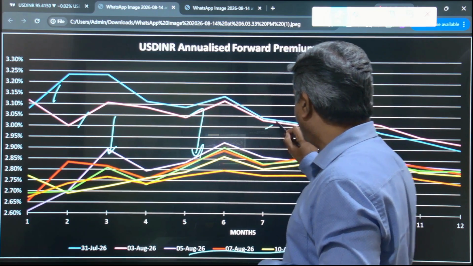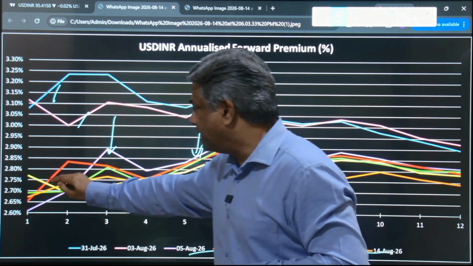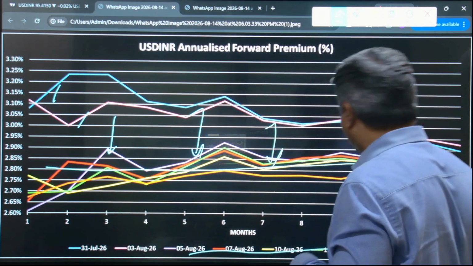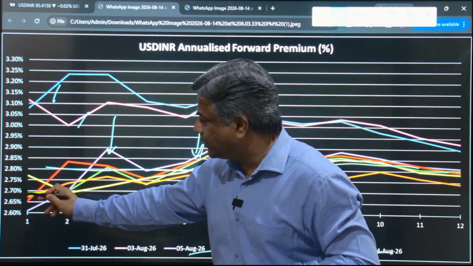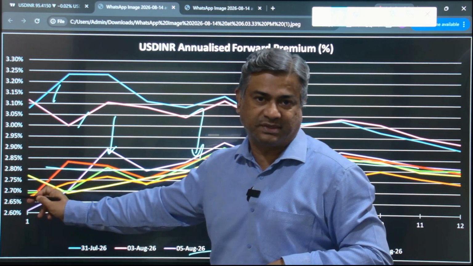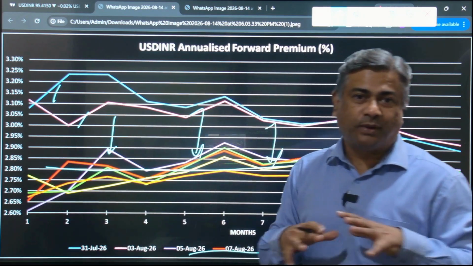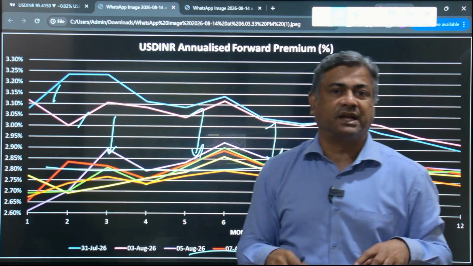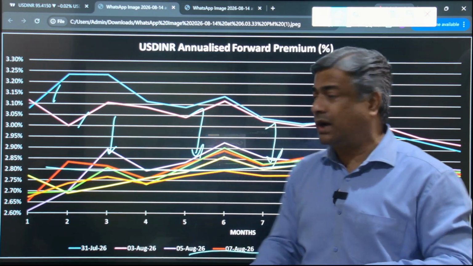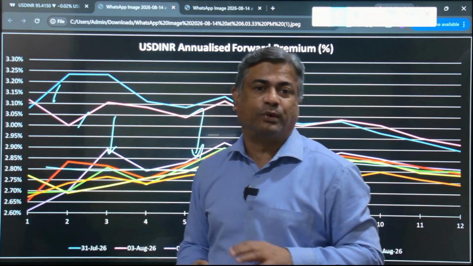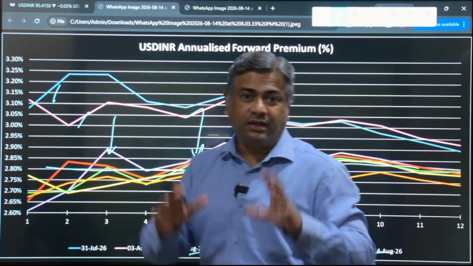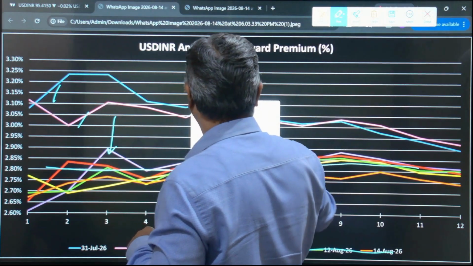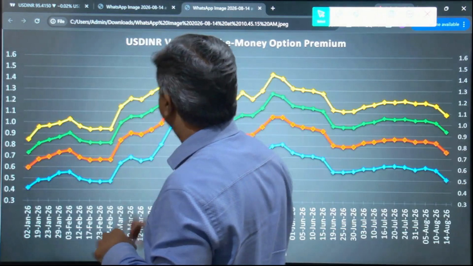All the forward premiums have come down, and most of the forward premiums, from 1 month to 12 month, are around 2.75 to 2.85%. So forward premiums which were around 3.1, 3.15 have now come down to 2.75 to 2.85%. Another big change.